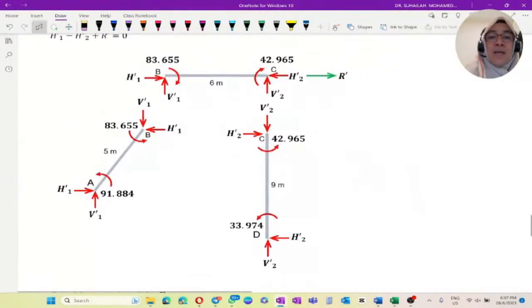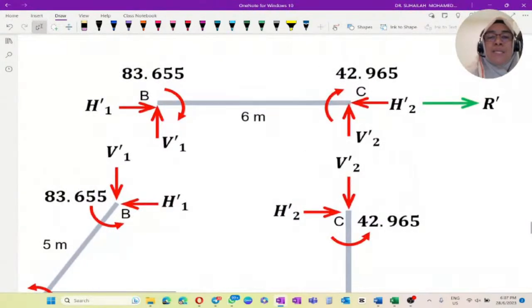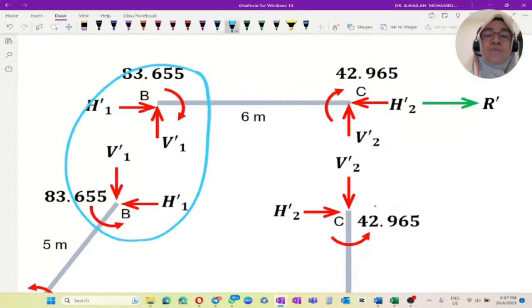Then we just need to look at member BC. For member BC, we get the equilibrium condition at joint B. Joint B is also a system, so the system must be in equilibrium. That is why we have to check the total horizontal forces as well as vertical.